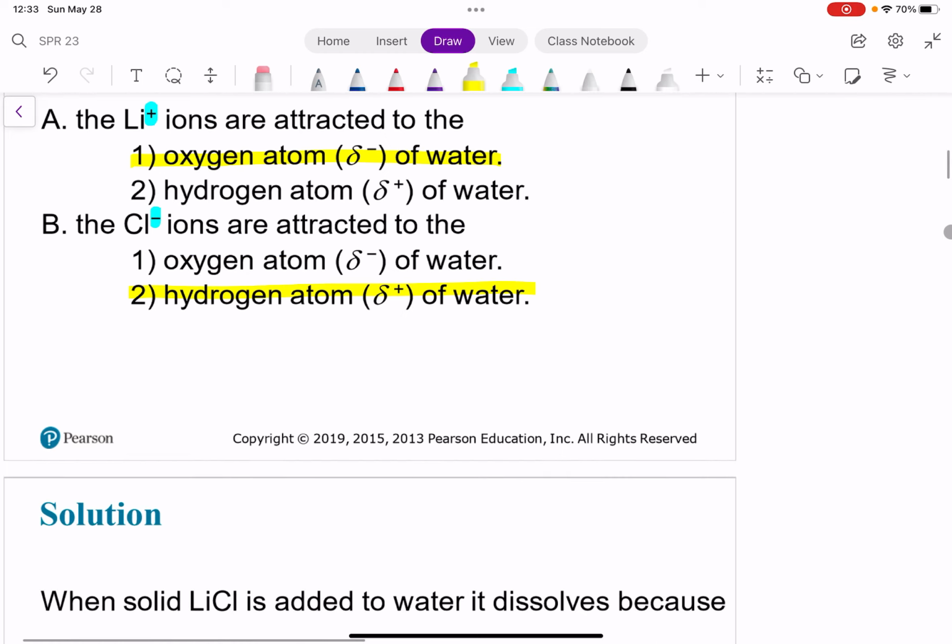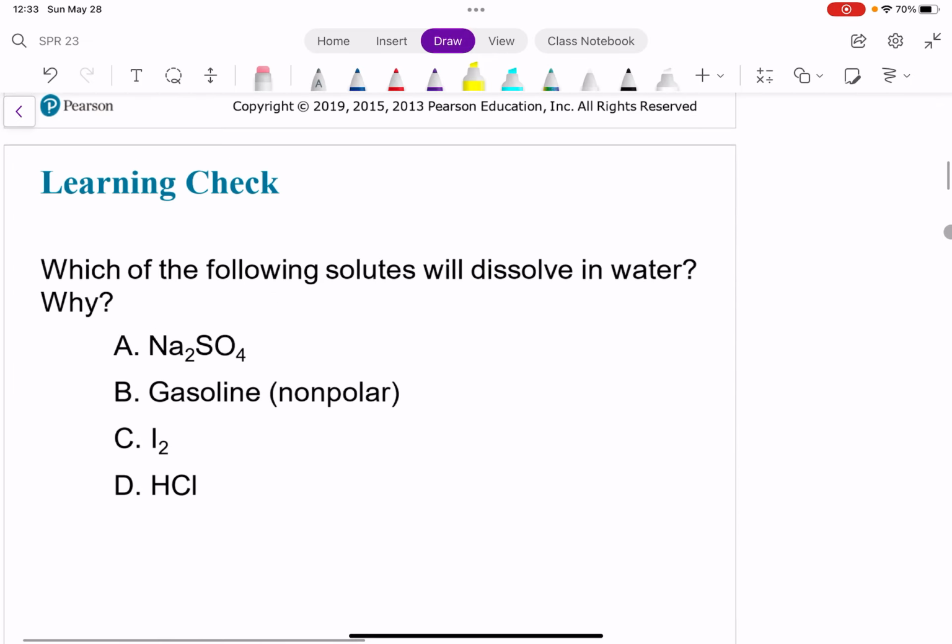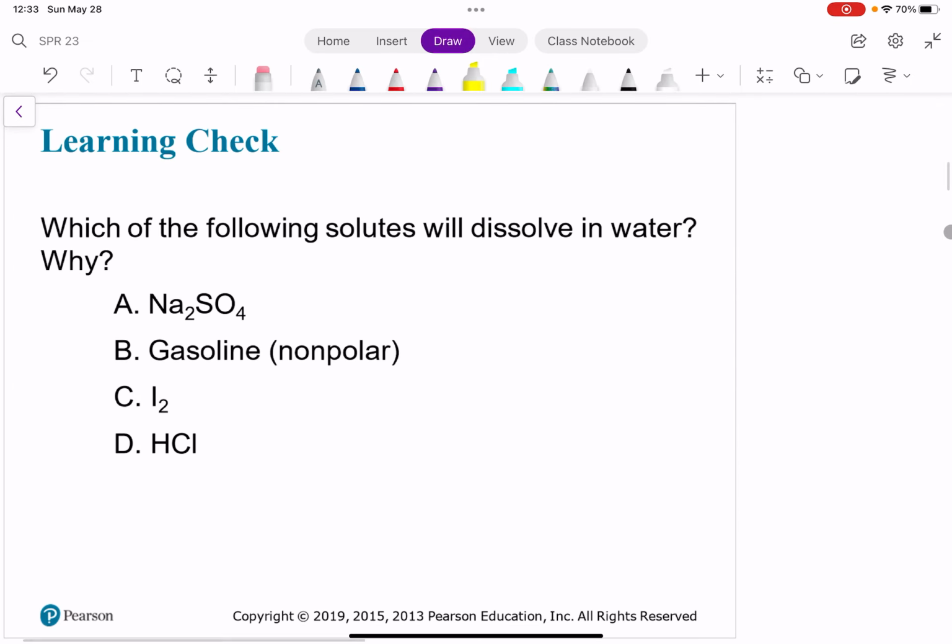All right. So let's check out this learning check. Which of the following solutes will dissolve in water and why? Pause the video, try it out. All right, so a couple different parts to this. The first thing I think as I'm looking at this question is, what would cause something to dissolve in water?